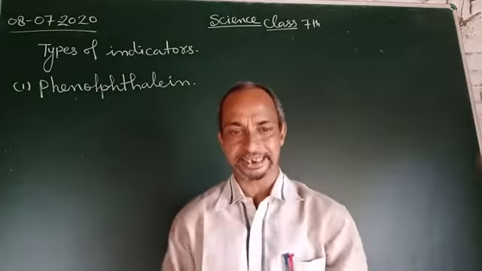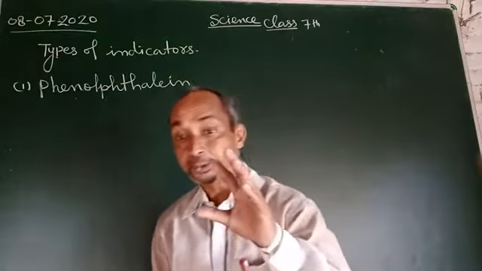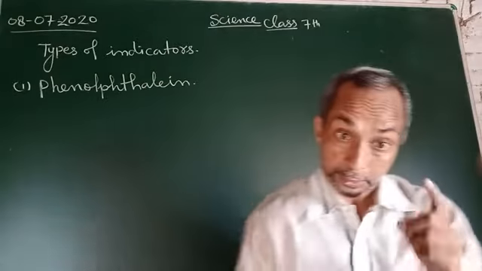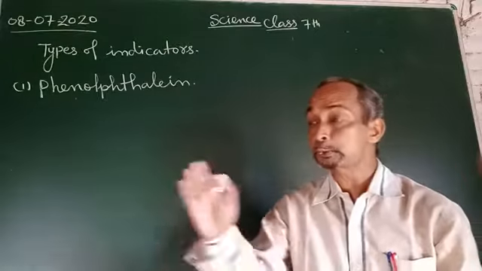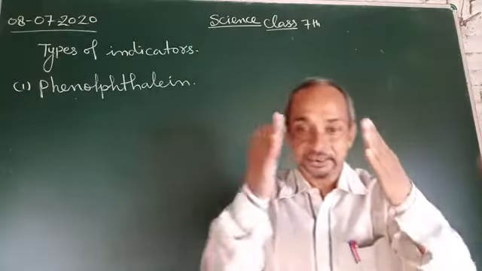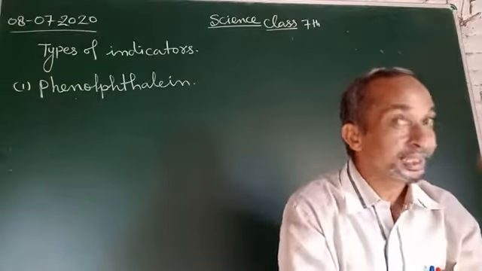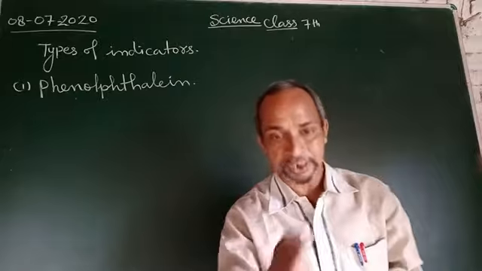The substances whose solutions do not change the color of any indicators in any way are called neutral substances. Understood? You should keep in mind that such substances are known as neutral substances.